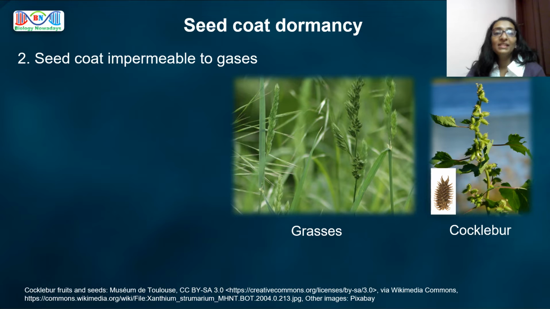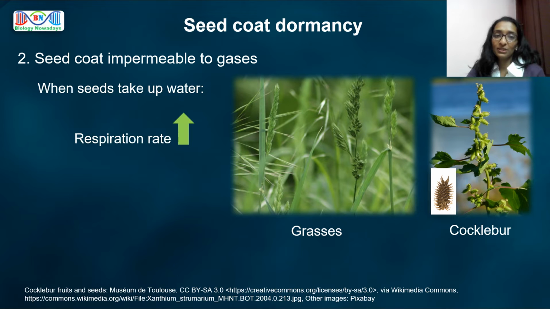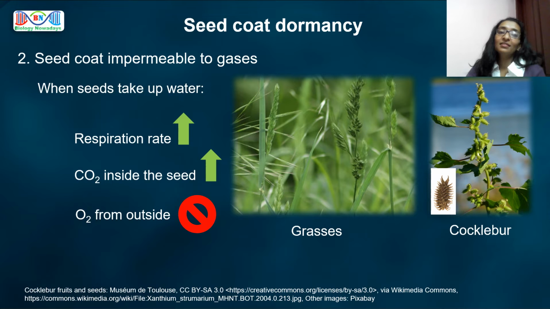As you know, when seeds take up water, the metabolic processes initiate with an increase in the respiration rate. As a result, carbon dioxide inside the seed increases. But since the seed coat is impermeable to gases, oxygen cannot enter inside the seed to facilitate respiration. Thus, those seeds fail to germinate.